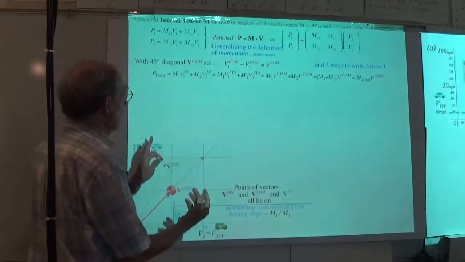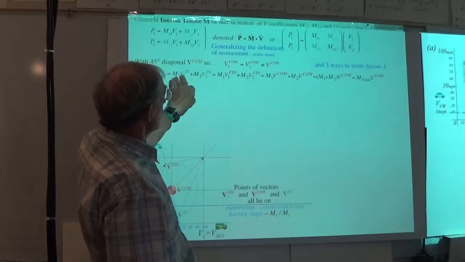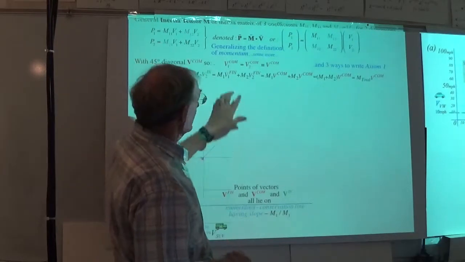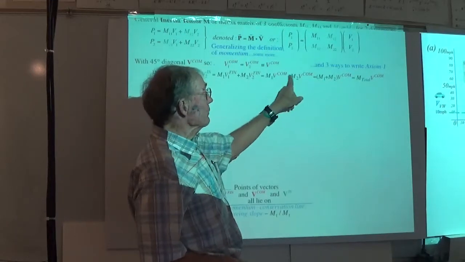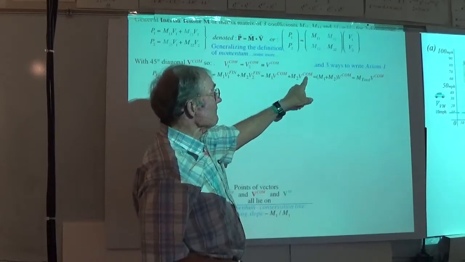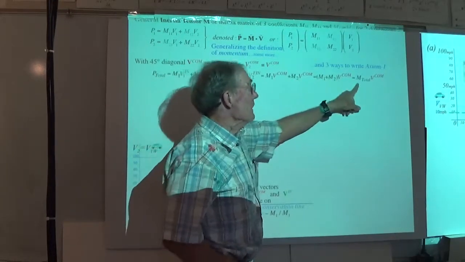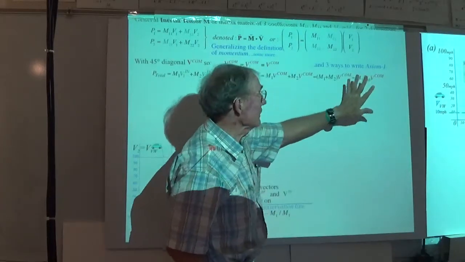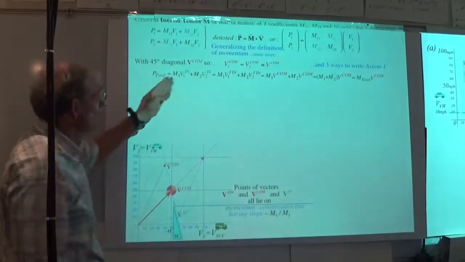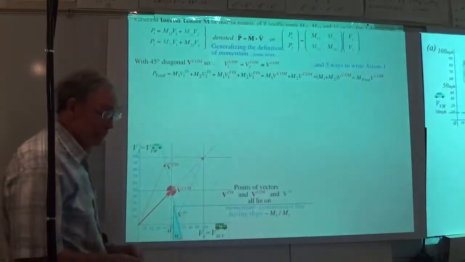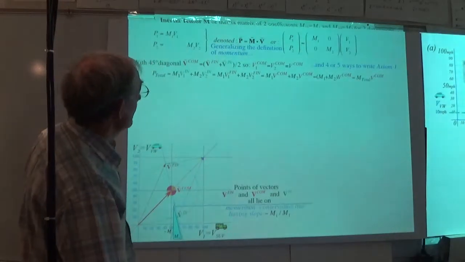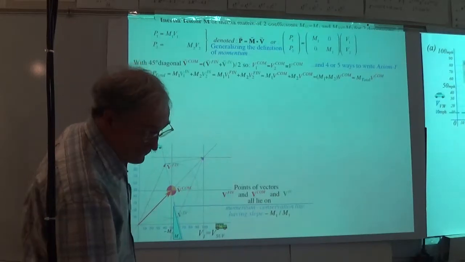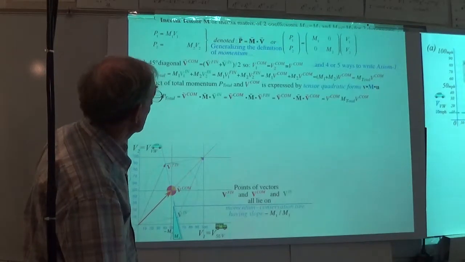Here's the initial. Here's the final. Here's the one that we use in the middle. That's the COM. And then here's just the total mass times the velocity. That's the scalar number. I want to turn these into vector equations. I just want to rewrite them as that. I went backwards there a little bit.